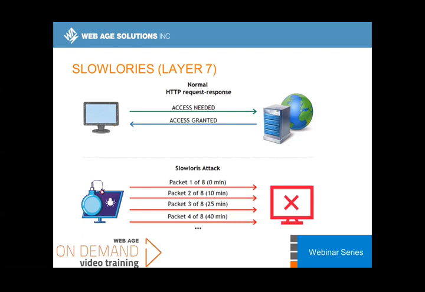But if an attacker does it, what they'll do is they'll split up the request into packets, and then they'll send the first packet, and then 10 minutes later, they'll send the second packet, and then 10 minutes later, they'll send the third packet, and then 10 minutes later, they'll send the fourth packet, right? Keeping the connection open. And if this is a botnet and all the bots are doing SLOWLORIS, they'll consume all our ports.